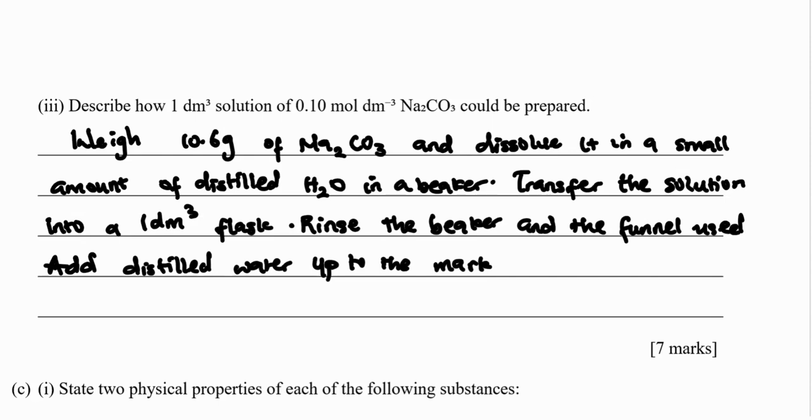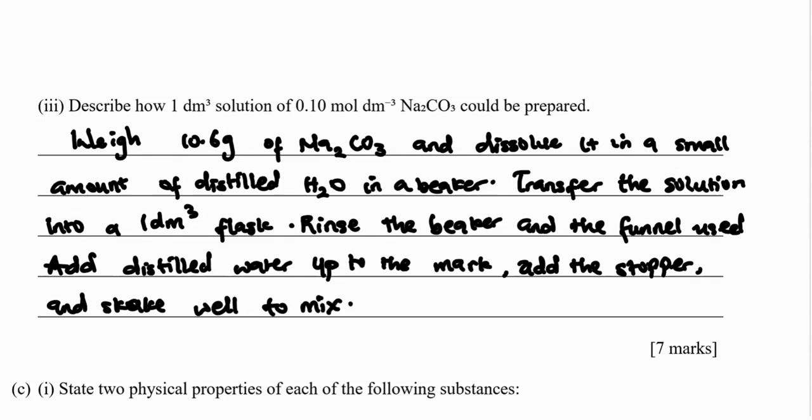That's the marked part of the volumetric flask. Okay, we add the stopper at the top, and then we would shake properly, or we shake well to mix. So this is how we can prepare the solution.